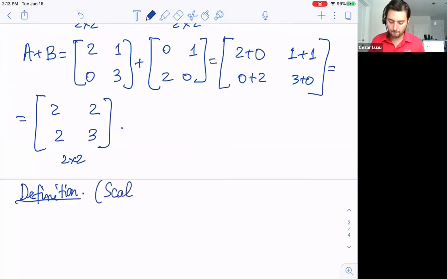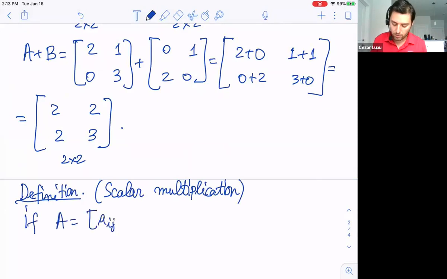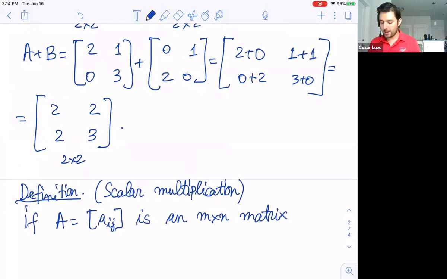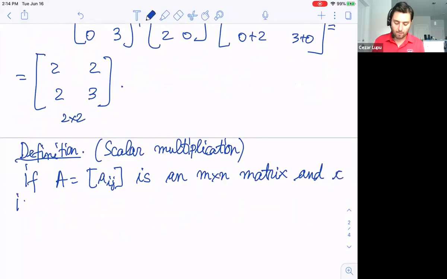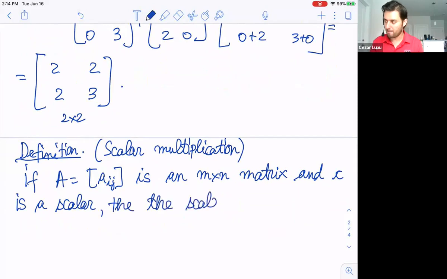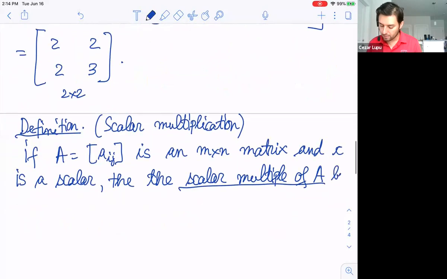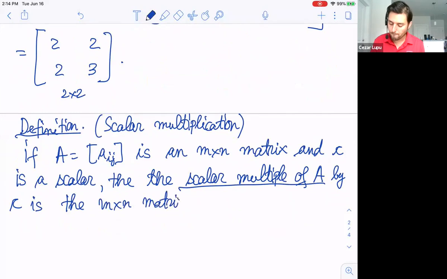If A is a matrix with the entries Aij, an m by n matrix, and C is a scalar, then the scalar multiple of A by this constant C is the m by n matrix C times A. And of course, as you can imagine, the entries of this will be C times Aij.